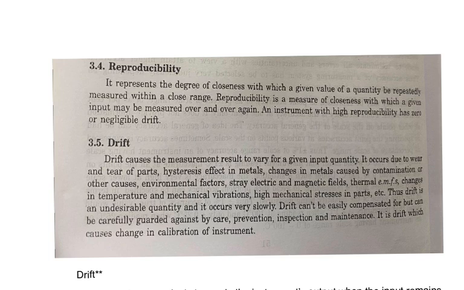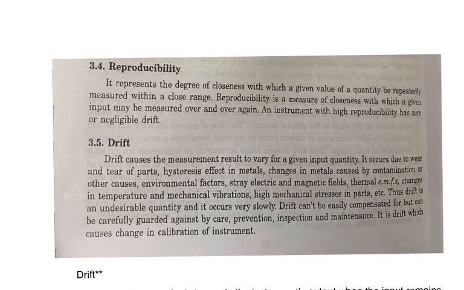What do you mean by drift? The drift causes the measurement results to vary for a given input quantity. It occurs due to wear and tear of parts, hysteresis effect in metal, changes in metal caused by contamination or other causes, and environmental factors: stray electric and magnetic fields, thermal EMF, changes in temperature, mechanical vibration, and high mechanical stress in parts.